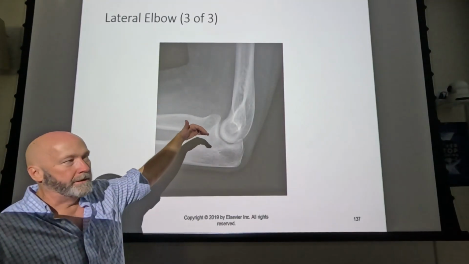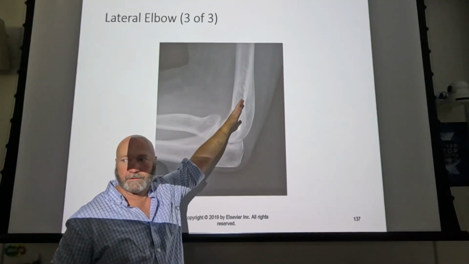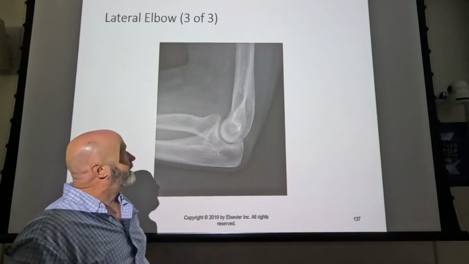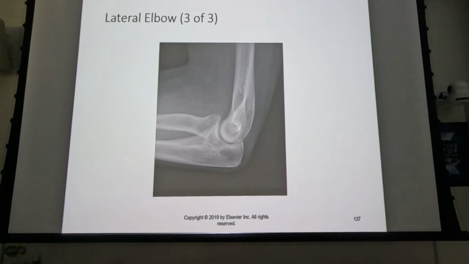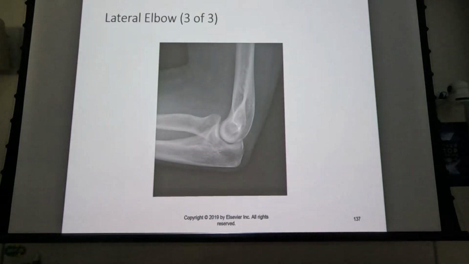So you've got 3 in the elbow. You've got 1 just anterior to the distal portion of the humerus. You've got 1 just anterior to the radial head. So let me scroll back up and let's see. Okay, so what do you see on the radial head here? Right there.